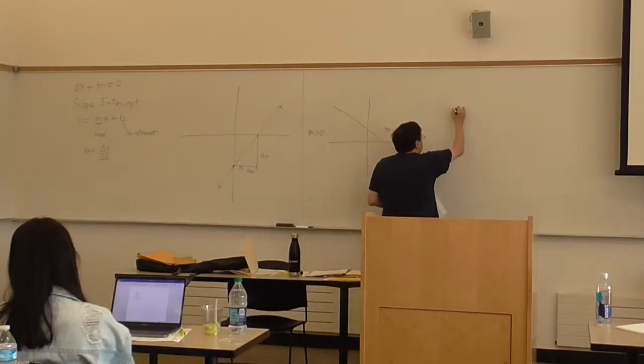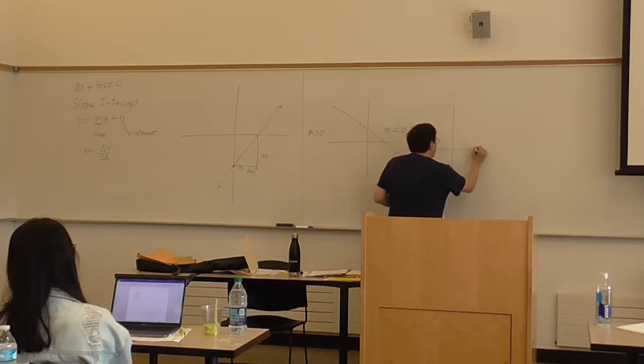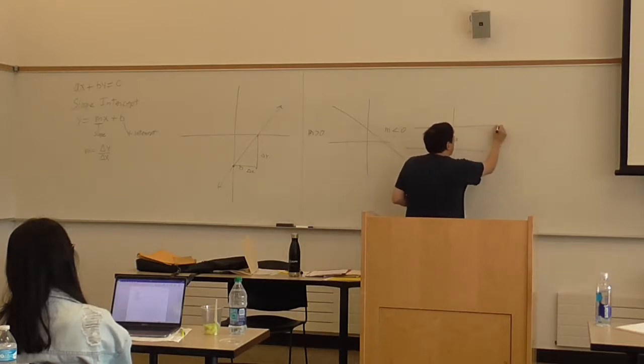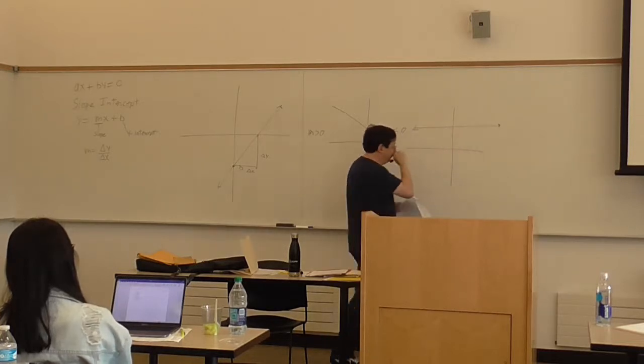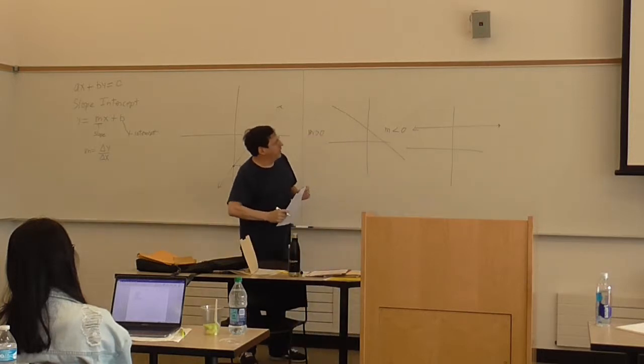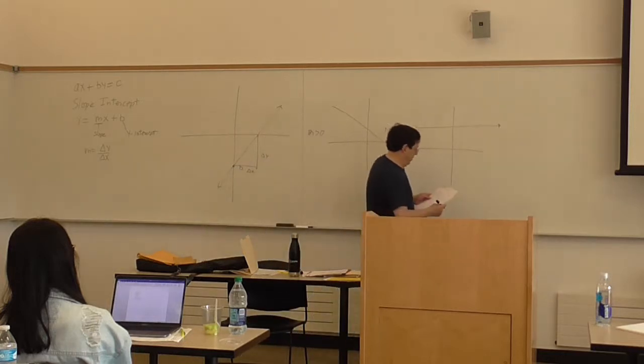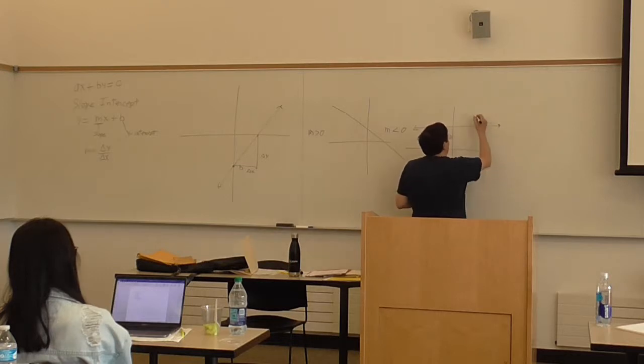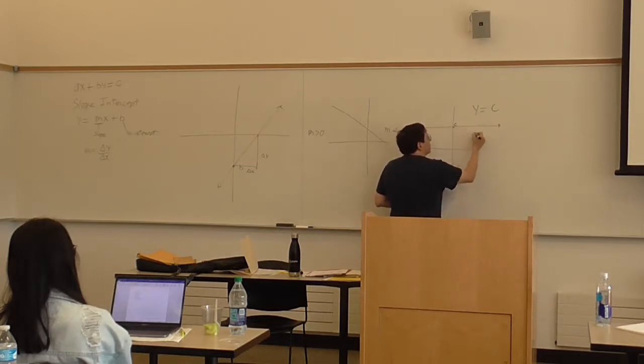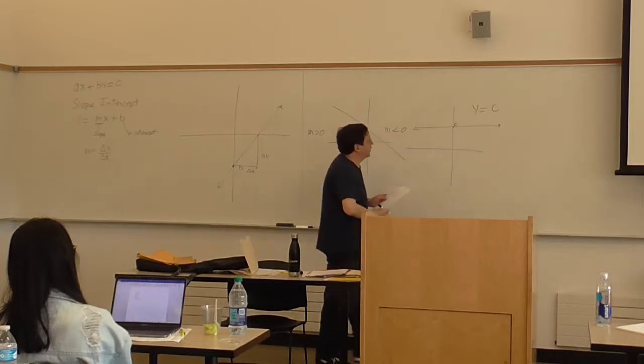If the slope happens to be 0, then I get a particular version of the line where all the y's are the same. It's a constant. So the equation of this line would be y equals some constant, or if you like, b, the intercept.